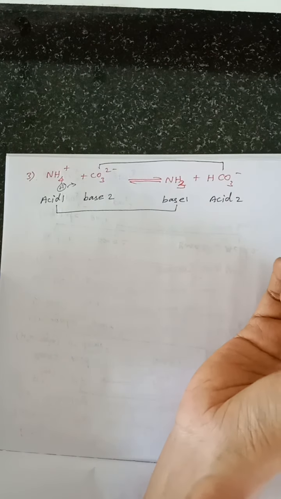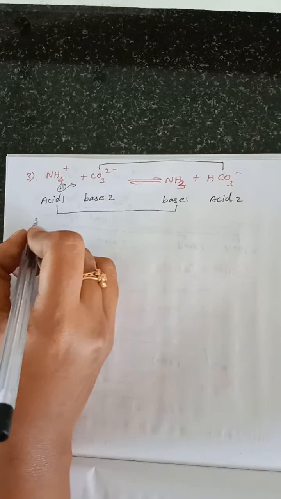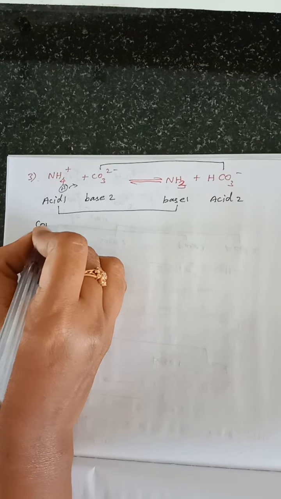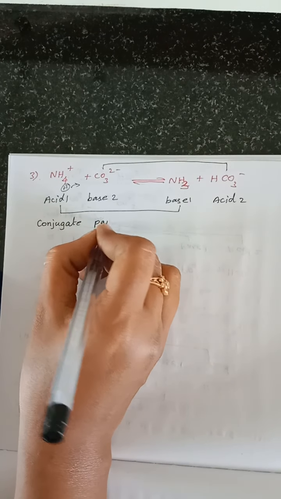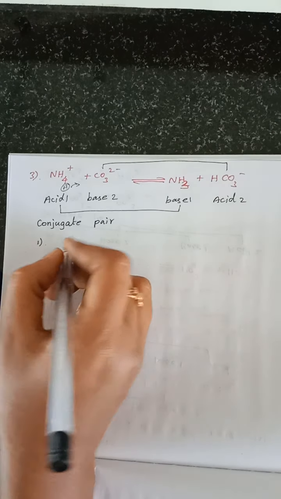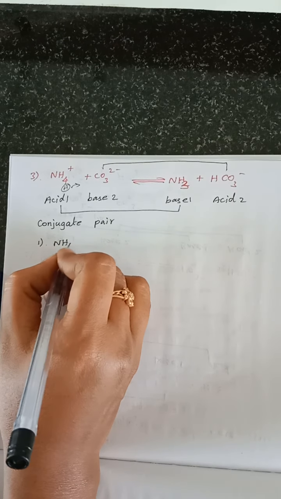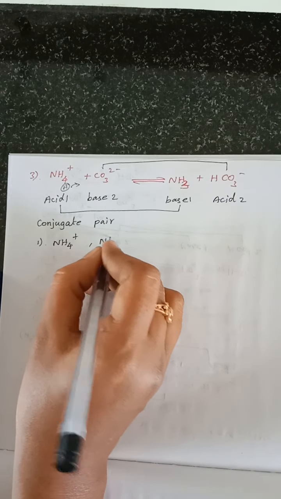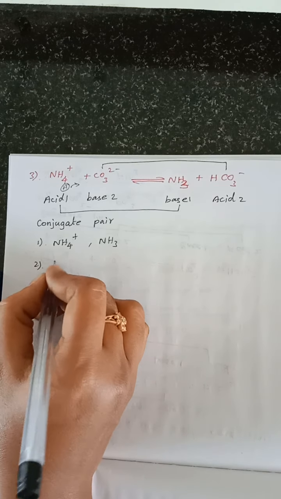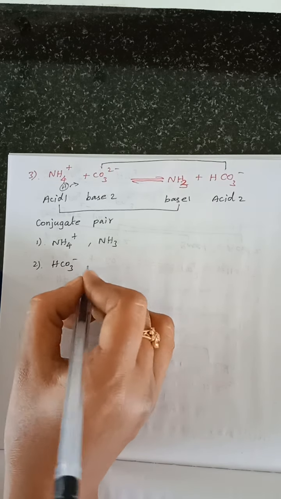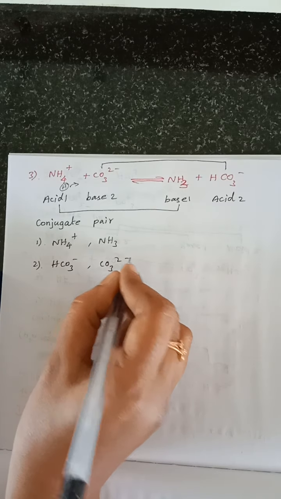The first conjugate pair is NH4 plus and NH3. The next conjugate pair is bicarbonate to CO3 2 minus.